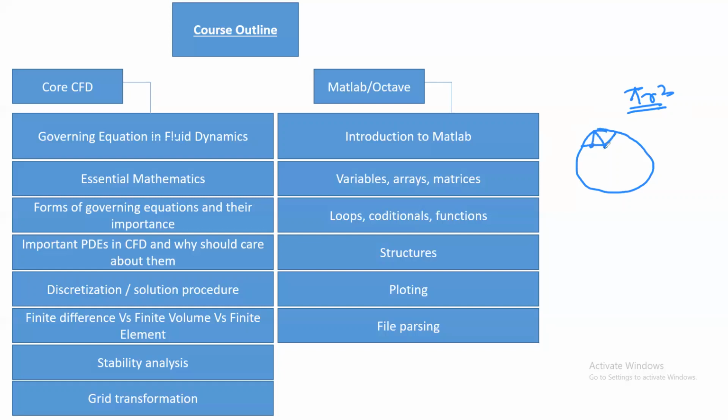You can calculate the area of each triangle, then sum them to get the area of the entire circle. These small triangles are nothing but the discretization. You are just discretizing your domain.